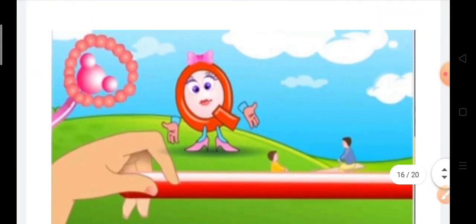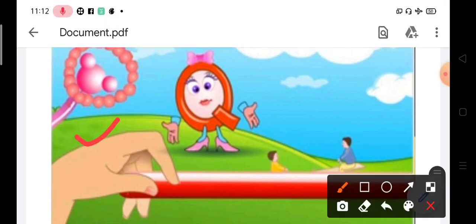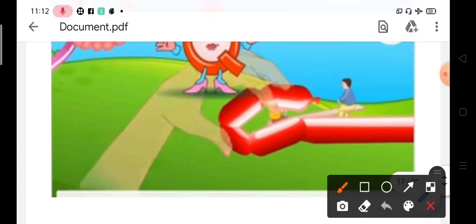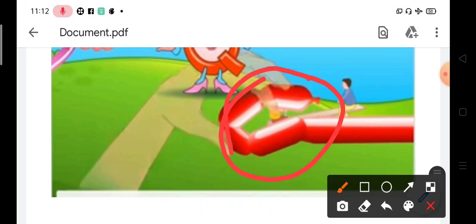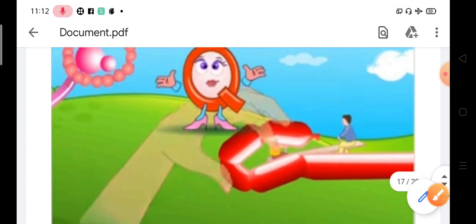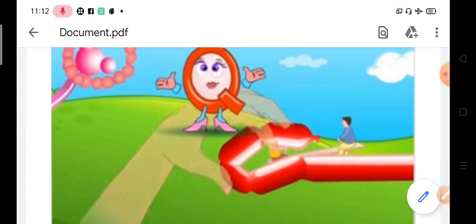Now see here, this is a balloon in which air is filled, and when this is pressed, it changes the shape of the balloon. That means when we apply force, the shape of the object changes.